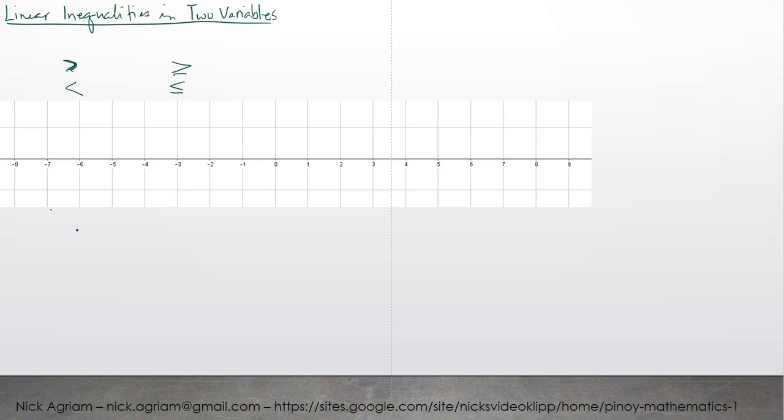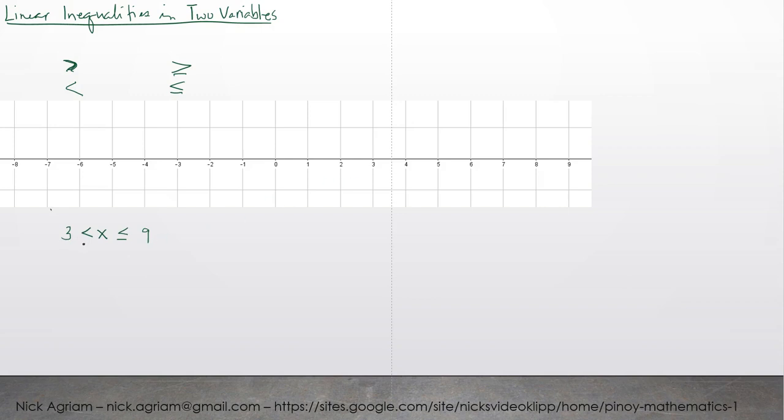When we talk about greater than, for example, we have x is greater than 3, but less than or equal to 9. That means we have from 3 to 9.